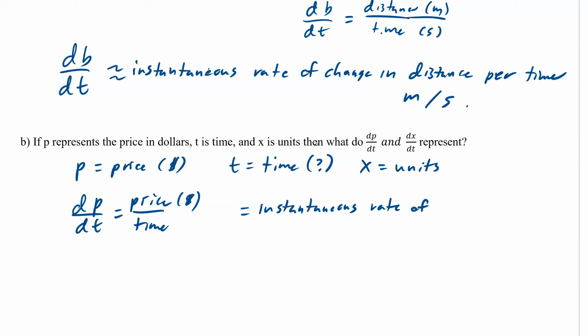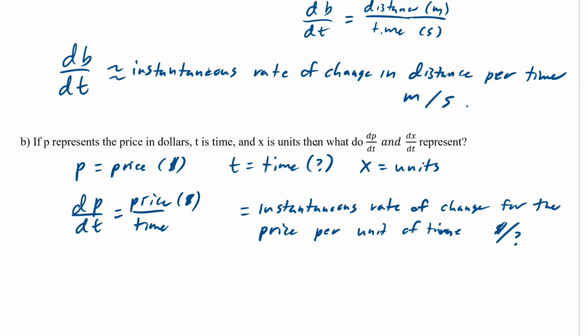Instantaneous rate of change for the price per unit of time. And again, that would be in dollars per second, hour, day. It's most likely going to be day. It could be years though too. So instantaneous rate of change for the price per unit of time.